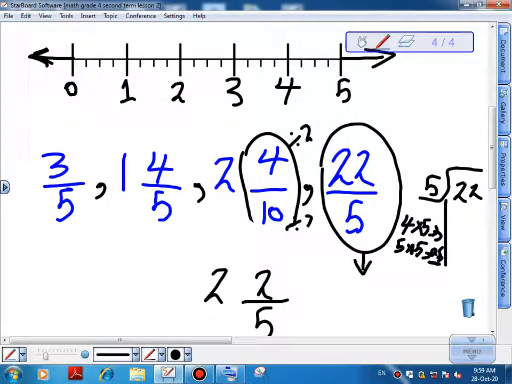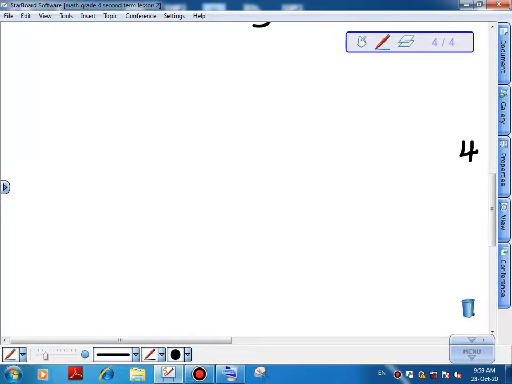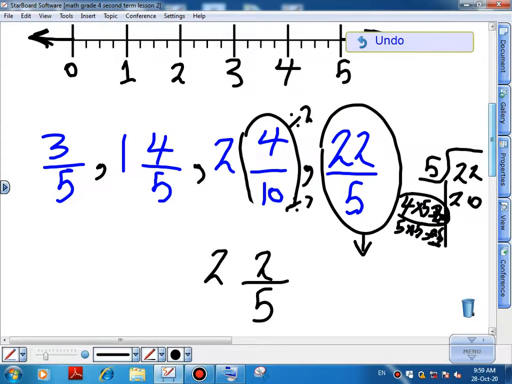We cannot take 25, we will take 20. We put 20 under 22 and put 4 in the quotient, then subtract: 2 minus 0 equals 2, 2 minus 2 equals 0.